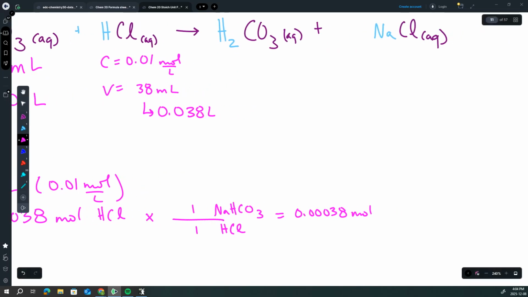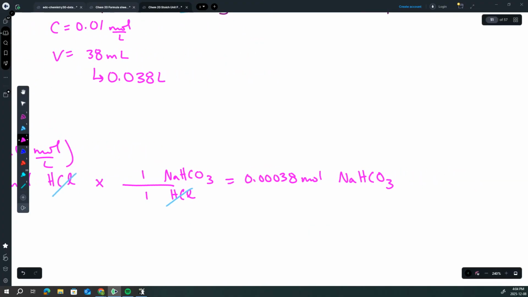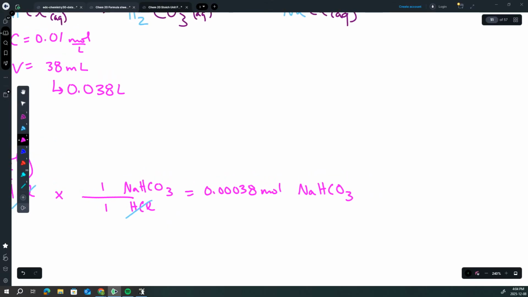But now this is moles of sodium hydrogen carbonate. The reason being, if you treat hydrochloric acid kind of like a unit, we've got the same unit in the top and the bottom, so they cancel out, and we're left with sodium hydrogen carbonate.